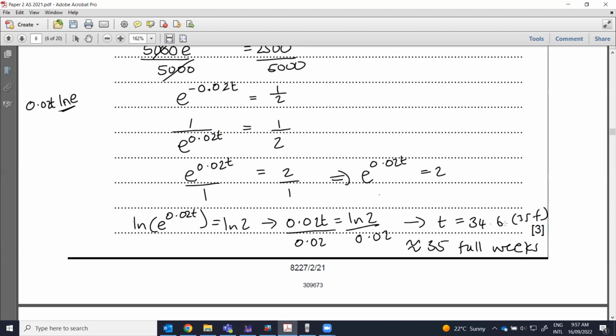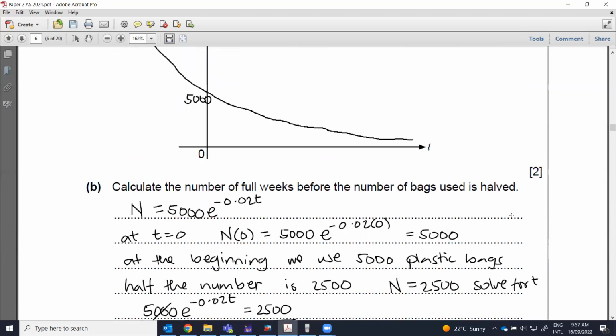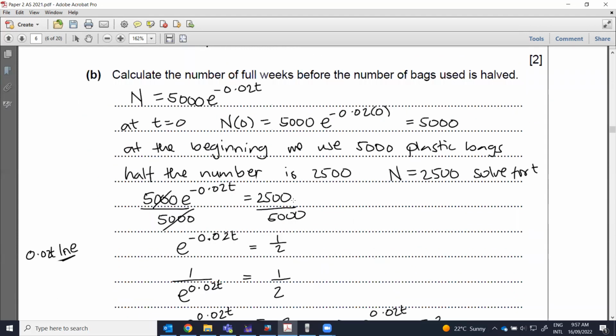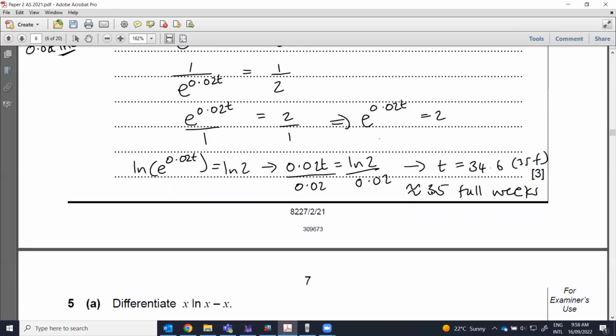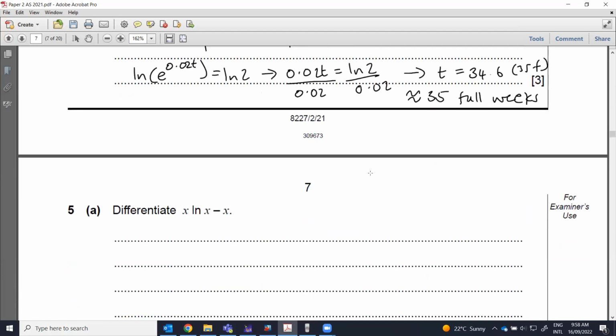It's 34 weeks and a couple of days, but we wanted to find out how many full weeks, because that's how the question is stated. After how many full weeks will the number of plastics that we use be halved? So only after 35 full weeks will the number of plastics that we use be halved.